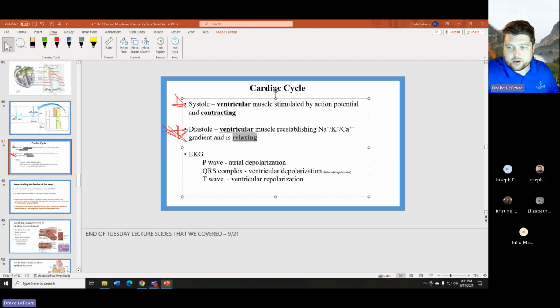Do not confuse those, because the way he'll word a whole bunch of questions is: which of the following is not occurring during ventricular systole, or which is occurring in systole, or is occurring in diastole.